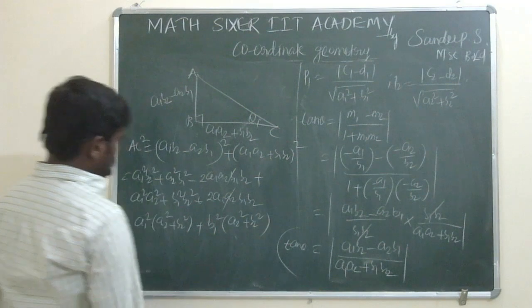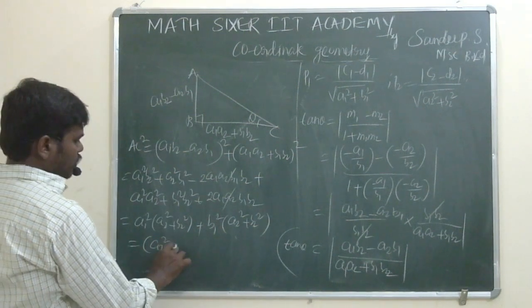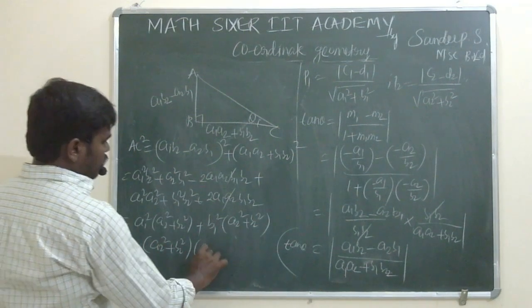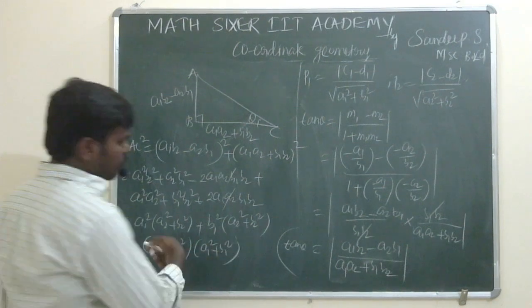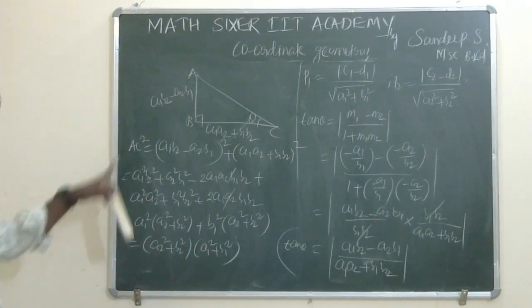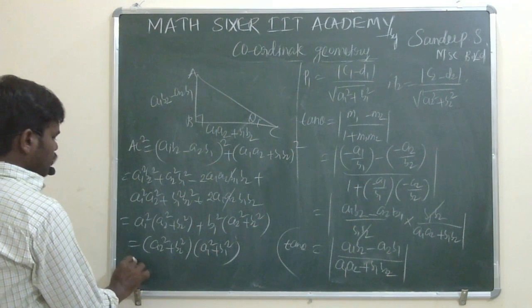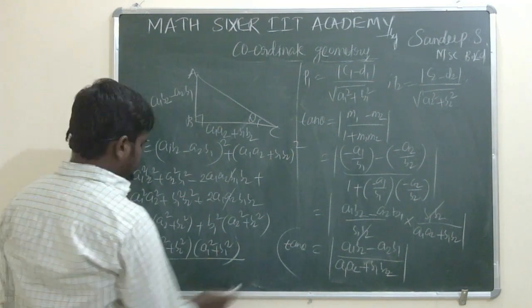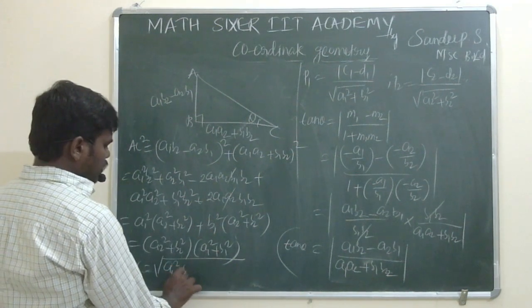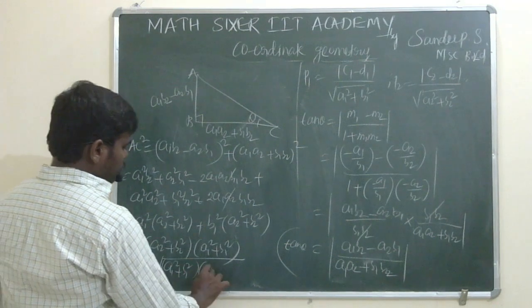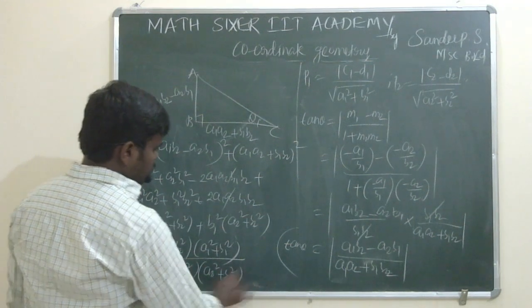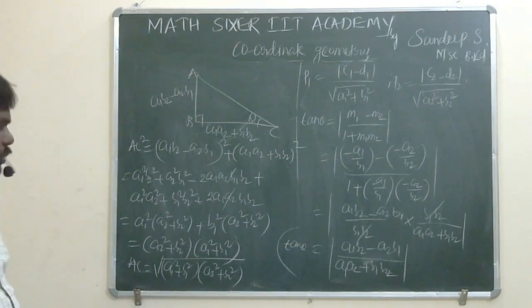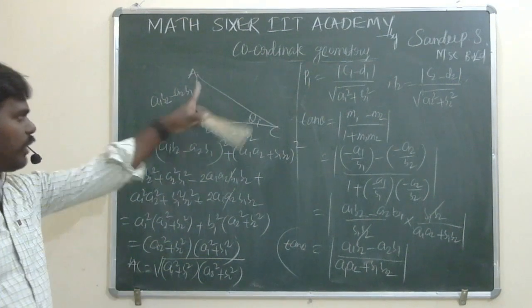Taking A2 square plus B2 square common, you will get A1 square plus B1 square. So this is the AC square value. So AC is equal to the square root of A1 square plus B1 square into A2 square plus B2 square. Okay, so this is the AC value, the hypotenuse.